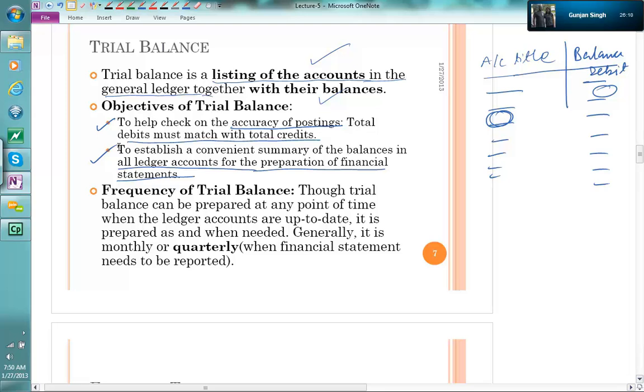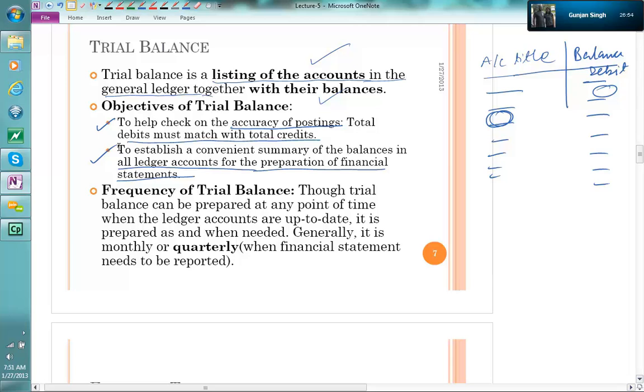The next question is, what is the frequency? Frequency depends on when you need the data, when you need a financial statement. Even if you do not want a financial statement, but you want to make sure that all the entries entered up to this point in time are correct, you can create a trial balance. In a computerized world, this can be done daily, or even after each transaction entry.